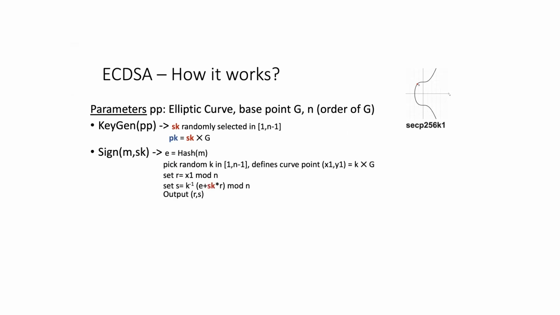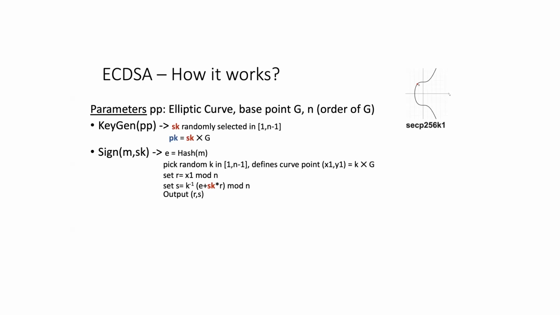In order to sign a message, you start by taking the hash of your message, and then, crucially, you pick a random nonce that I'm going to call K, and compute the elliptic curve point that is defined by this random nonce K. So you're going to do again a point multiplication with G and get the coordinates x1 and y1.